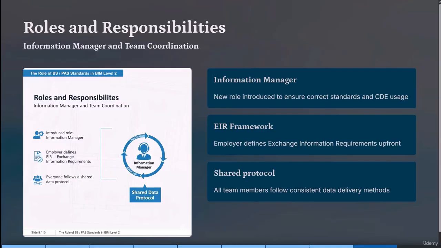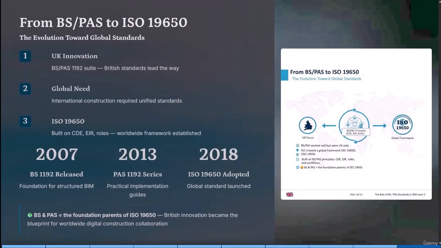Actually, new things happened when the projects were executed with BS and PAS. The files started to be tracked, and teams were working on correct versions and files, and we had a decrease in reworks and errors. And the final information was executive and structured.